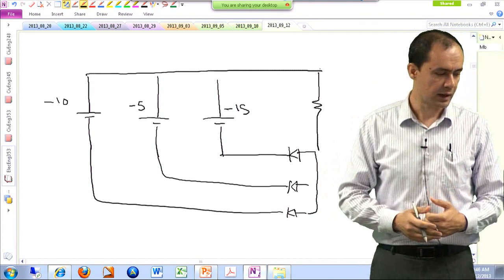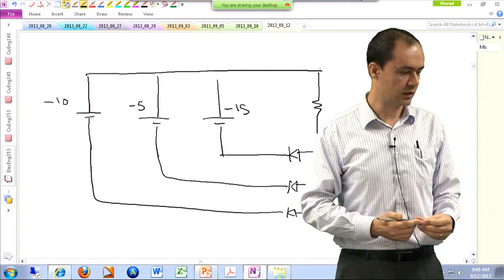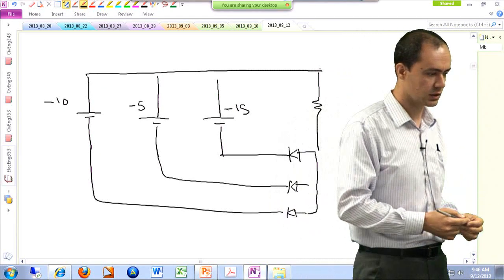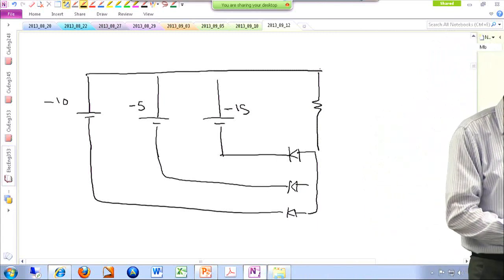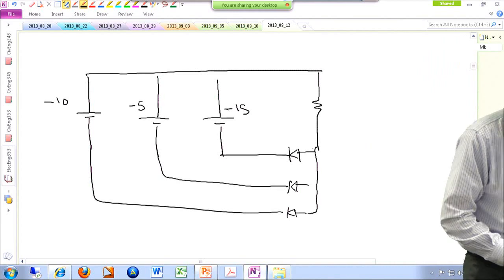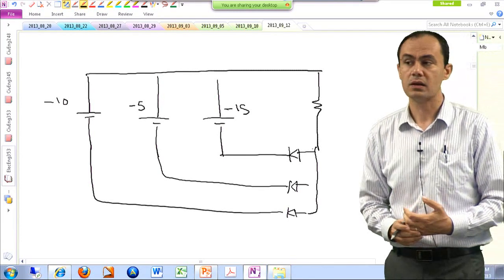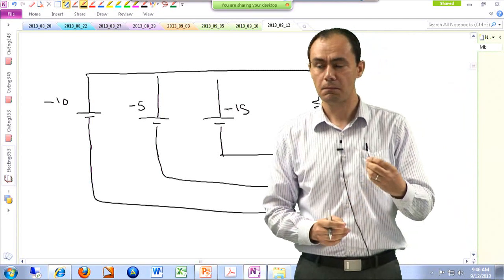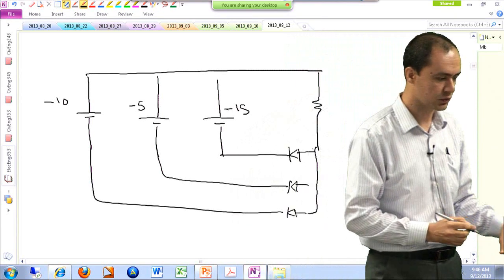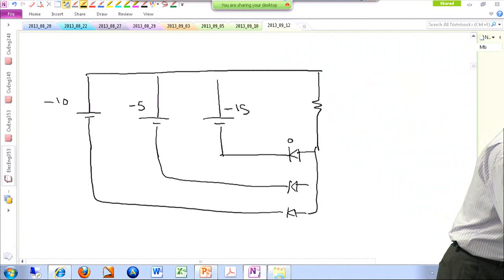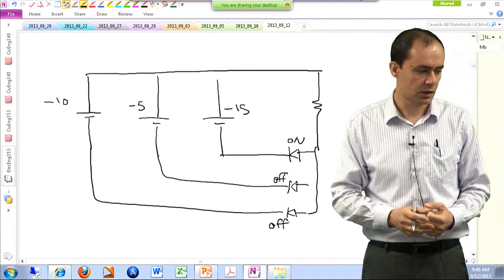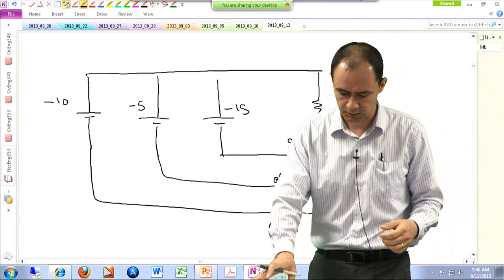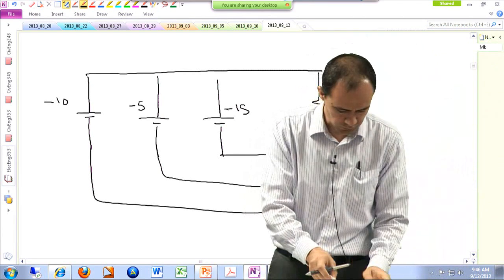They're all negative, and then 3 cathodes of 3 diodes are connected to the negative terminal of the sources, and they are hooking up to each other, creating 3 loops, feeding a resistive load. Now, in this case, you can argue that the diode that is connected to the most negative source of voltage is going to conduct. So this is going to be on, and the other 2 are going to be off. All right? So if you have a configuration like this, they are going to be connected to the lowest voltage.